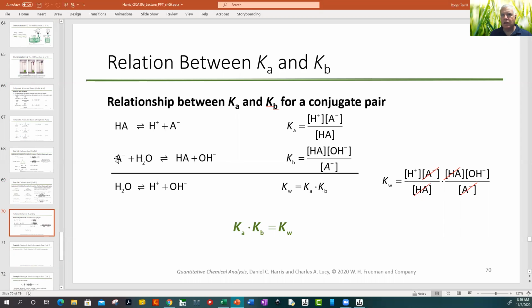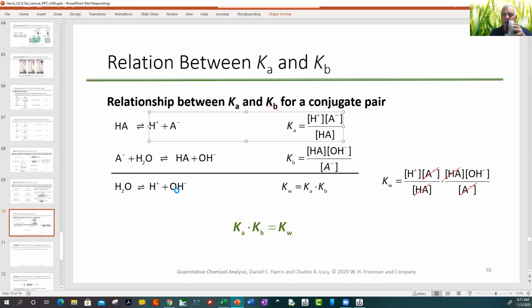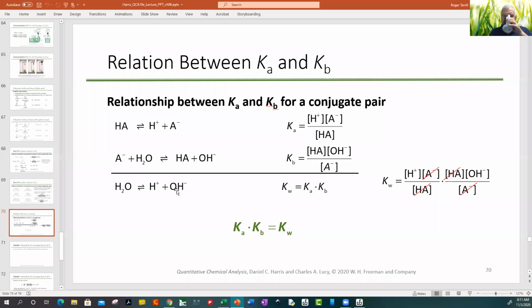Kb is just the backwards of Ka with the water equilibrium thrown in there, right? So if you add these reactions up, HA cancels, A minus cancels, and you've got H2O makes H plus OH minus, right? And that is how Ka times Kb equals Kw.